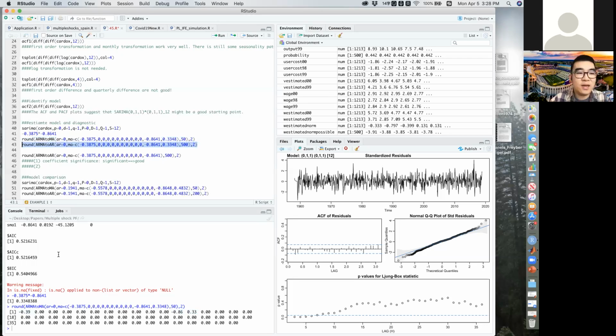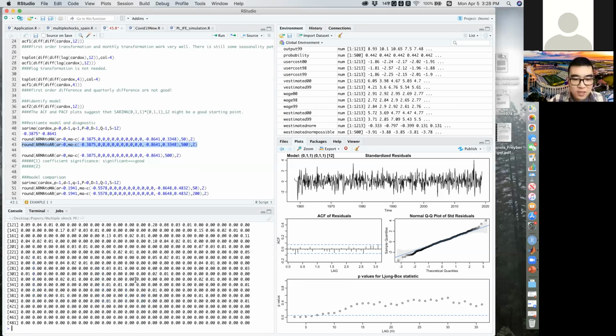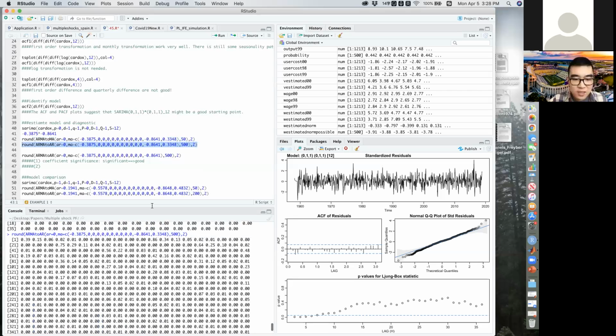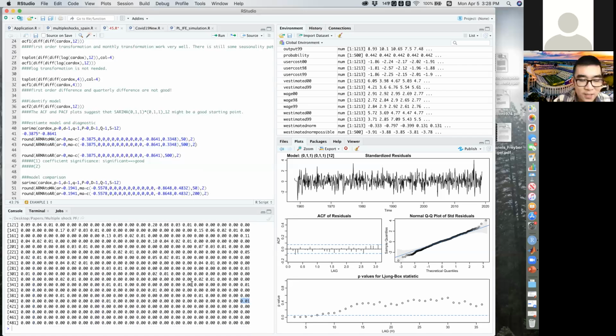Now let's check whether this model can be written as a valid AR infinity model. Because of the seasonality here, I increased the order of the coefficients to 500. After around coefficient 421, all the coefficients after coefficient 420 are zero.